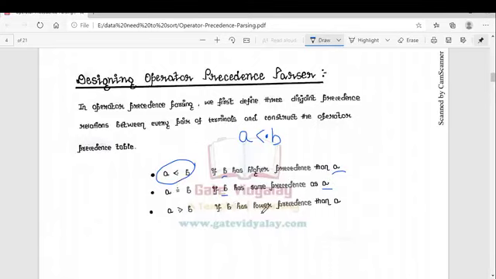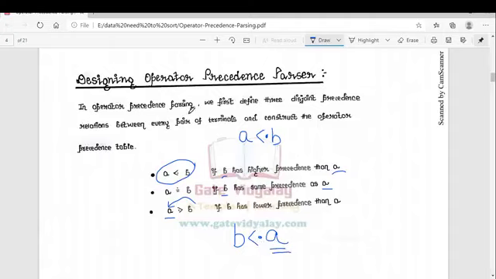And if B has lower precedence over A, then our bracket's open mouth is towards A. So our bracket's open mouth is toward the higher precedence terminal.